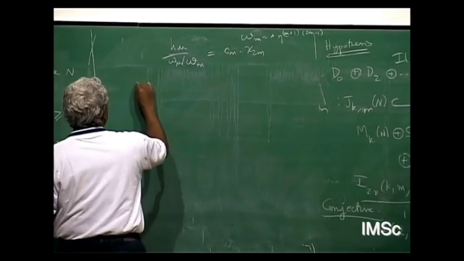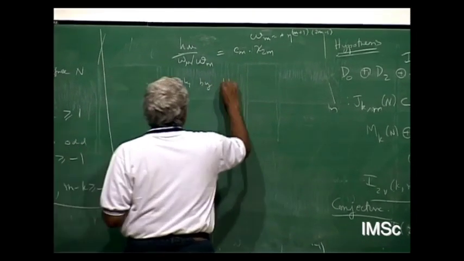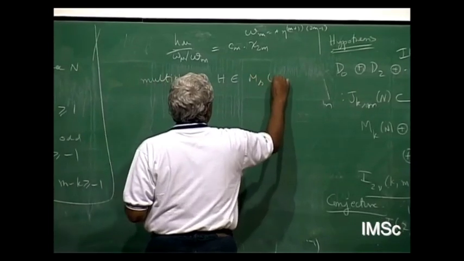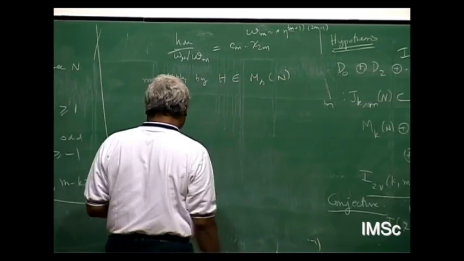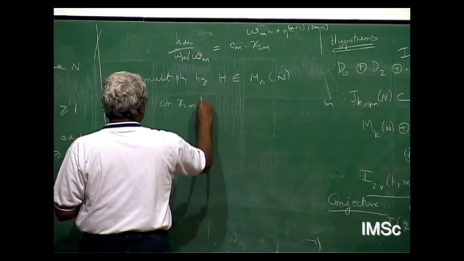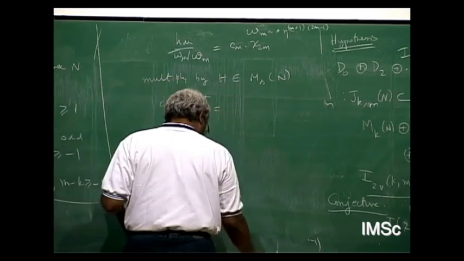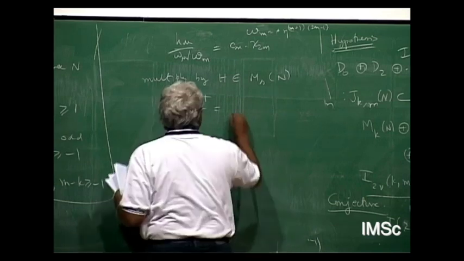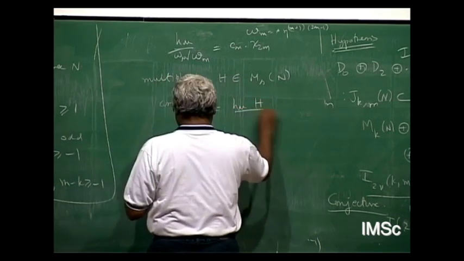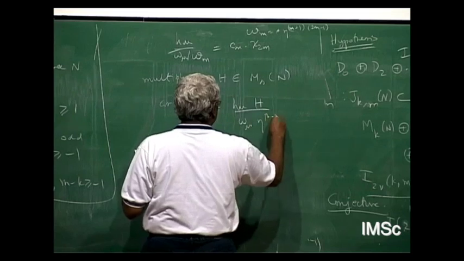So consider, multiply by a modular form of weight s in level n, and then we have some constant times chi 2m, h by eta power beta, is h mu, h by omega mu eta power beta minus lambda.